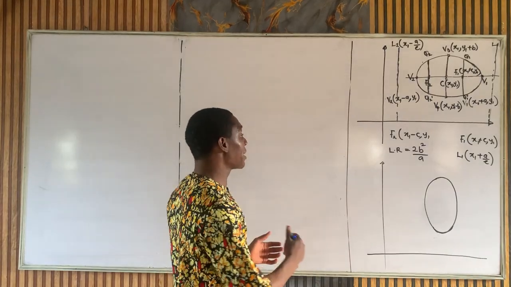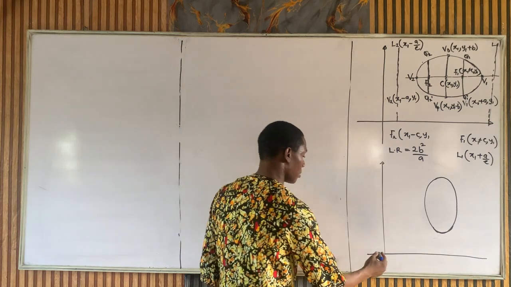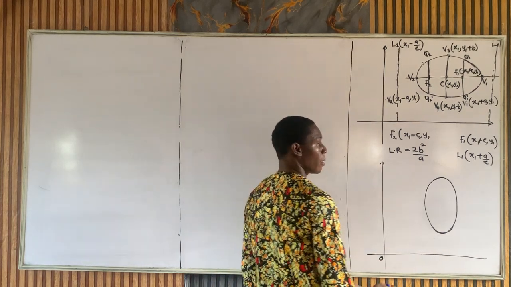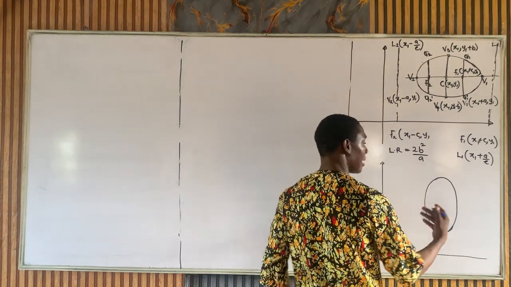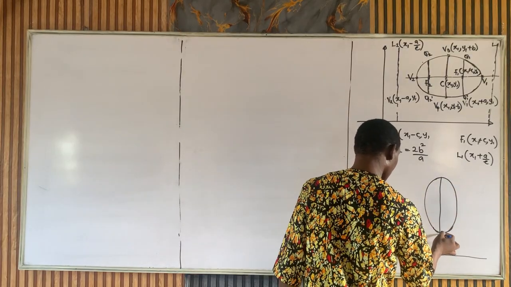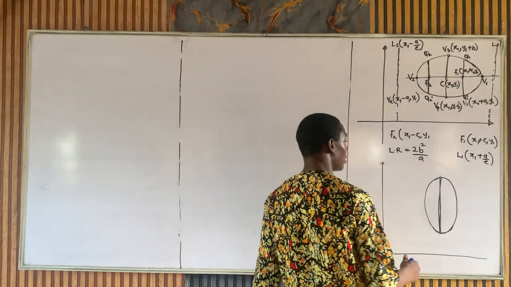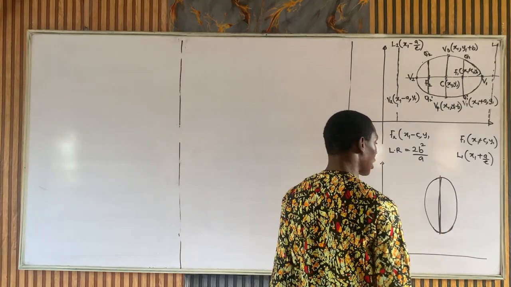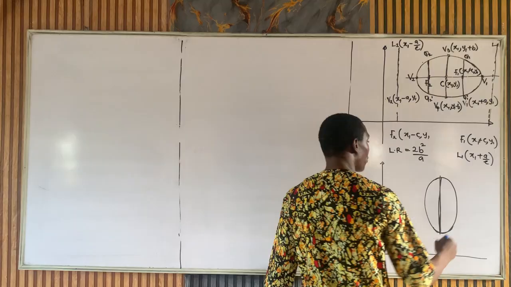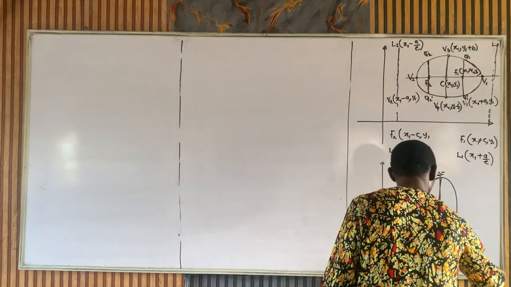Okay. Next thing we need to know is another type of ellipse that looks like this. The origin is here. Now this type of ellipse, again, from here to here will be our major axis this time around. So the major axis is along the y axis, or it's parallel to the y axis. We can say that this is our V1 and this is our V2.